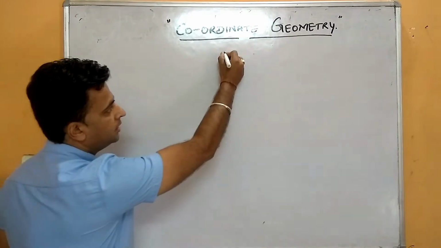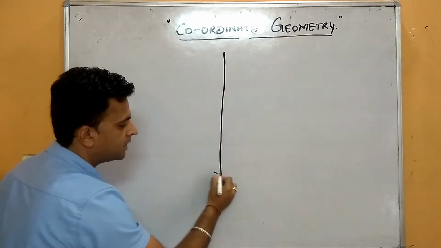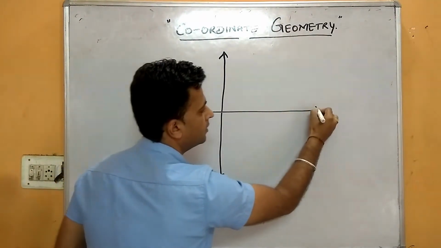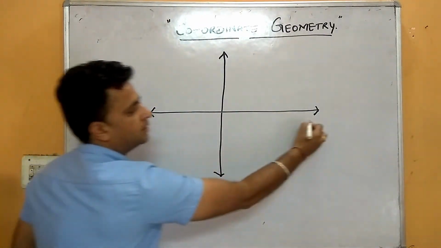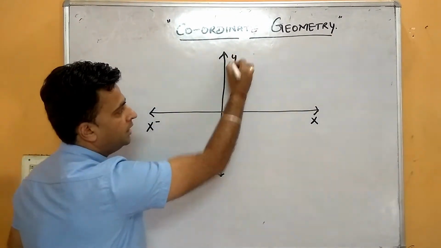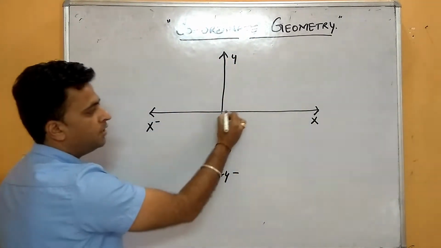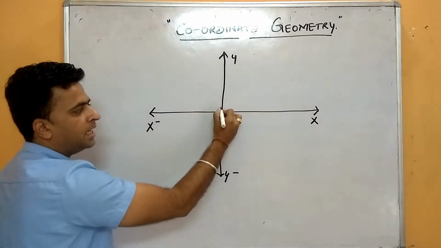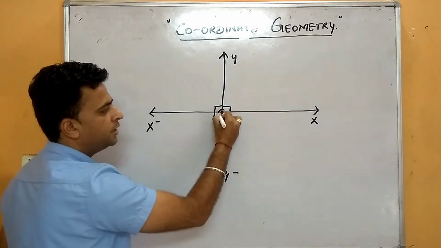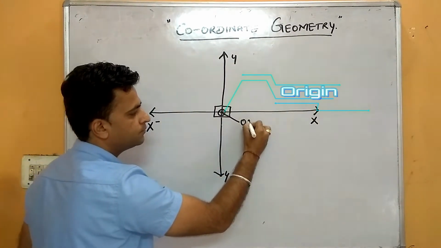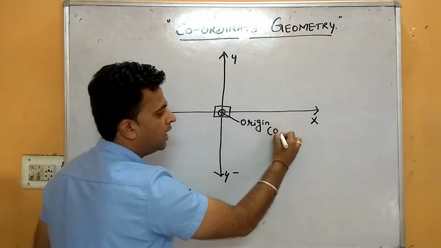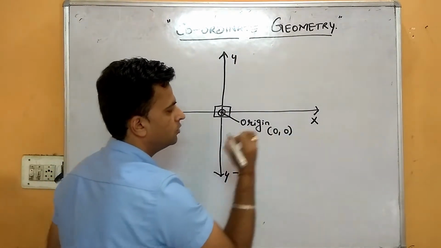If we take the y-axis and x-axis, this is the x-axis, this is the y-axis, and where they meet each other at right angle, this point is known as the origin, and the coordinates of the origin are 0, 0.